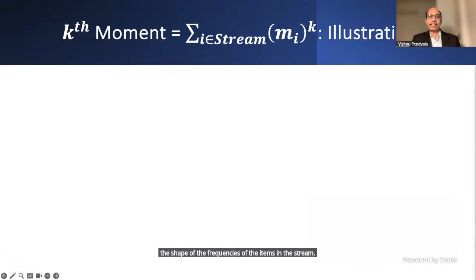Mathematically, the kth moment of a sequence of numbers is given by the sum of the frequencies m of an item i, to the power k.